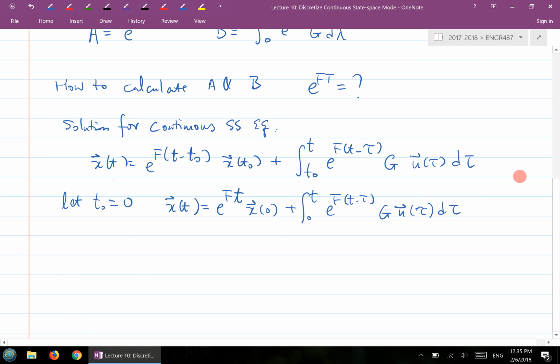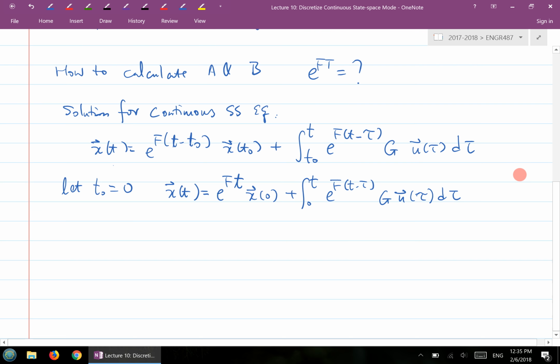That simplified a little bit, but this still hasn't answered the question of what e to the power Ft is.